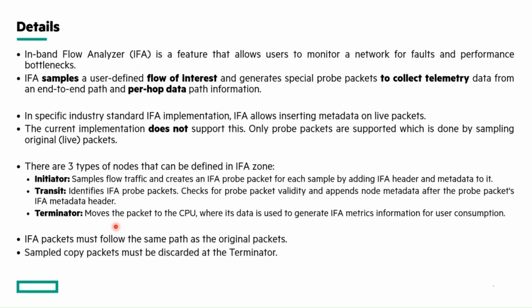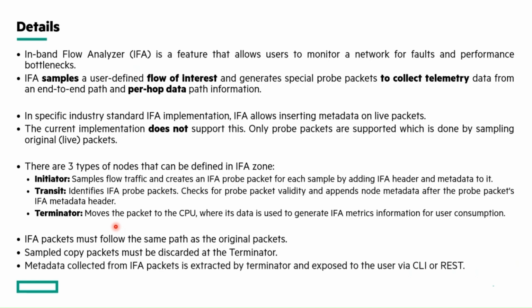The sample copy of packets must be discarded at the terminator, and the original live flow goes to its respective location or wherever it was destined to. The metadata collected from the IFA packet is extracted by the terminator and is exposed to the user either via CLI or REST.